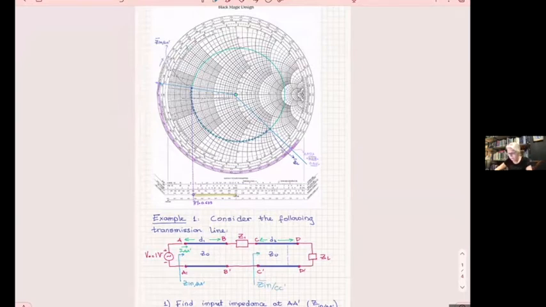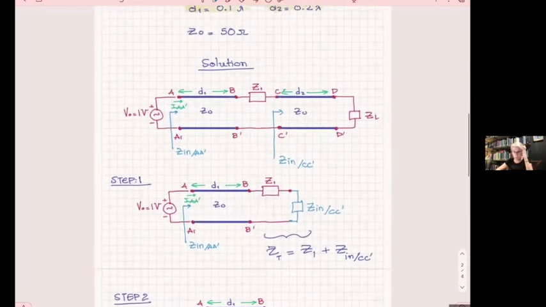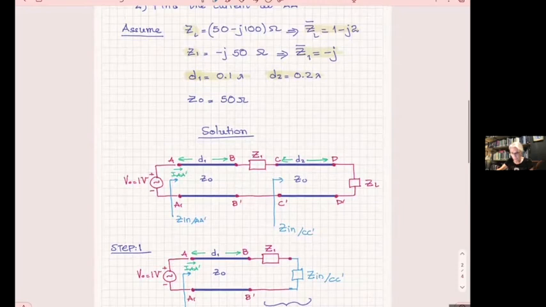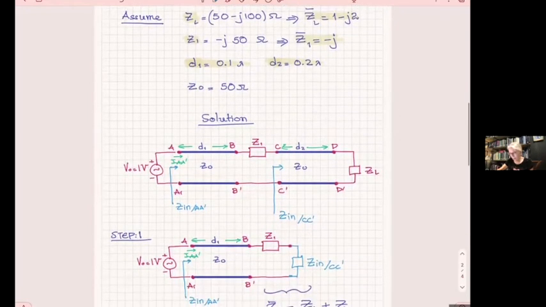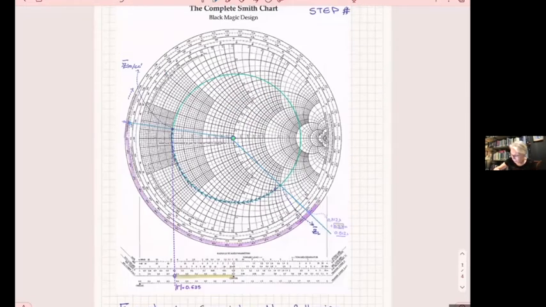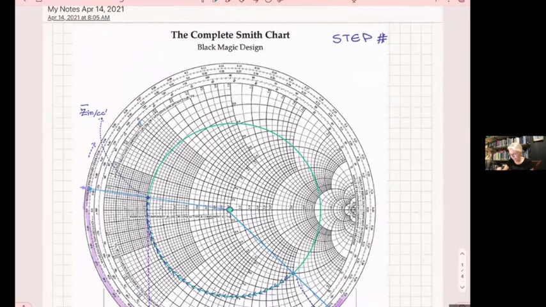And I found it. Then what do I do? I have to add to this in series. So I have to combine that in series, if you remember, to this stage with Z1. How much is Z1 normalized? Minus J. So I remember Z1 is minus J. I have on the Smith chart to go to this Z in at C prime, and add to this minus J.